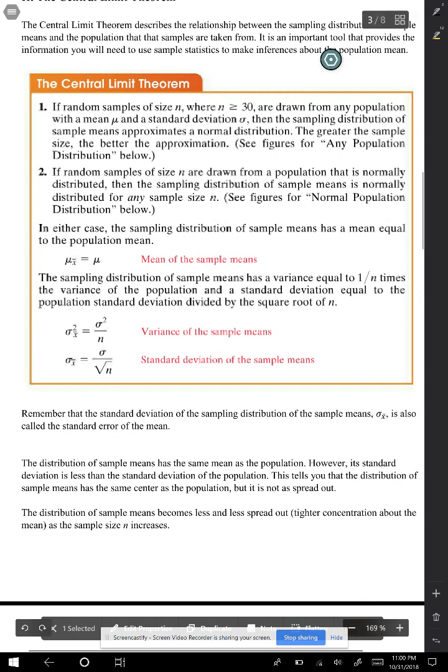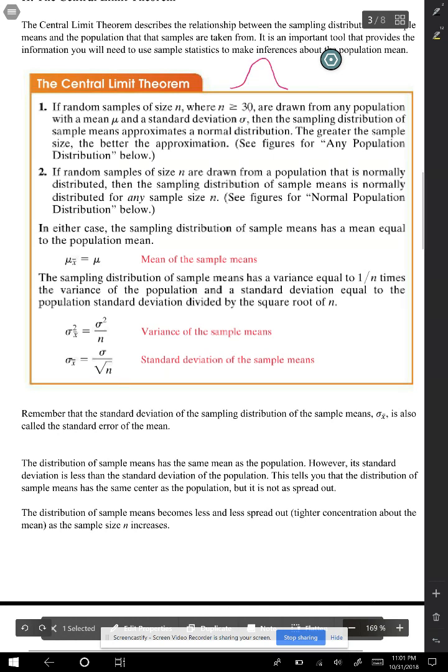On this one, it says, if random samples of size n, where n is greater than or equal to 30, so in other words, you're pulling samples of size 30 or bigger, are drawn from any population with a given mean and standard deviation, then the sampling distribution of the sample means will approximate a normal distribution. If you remember, the normal distribution means that you have the bell-shaped curve.